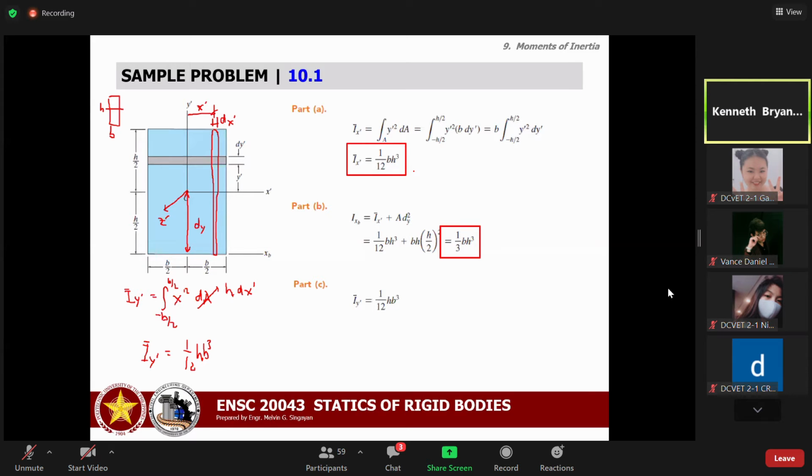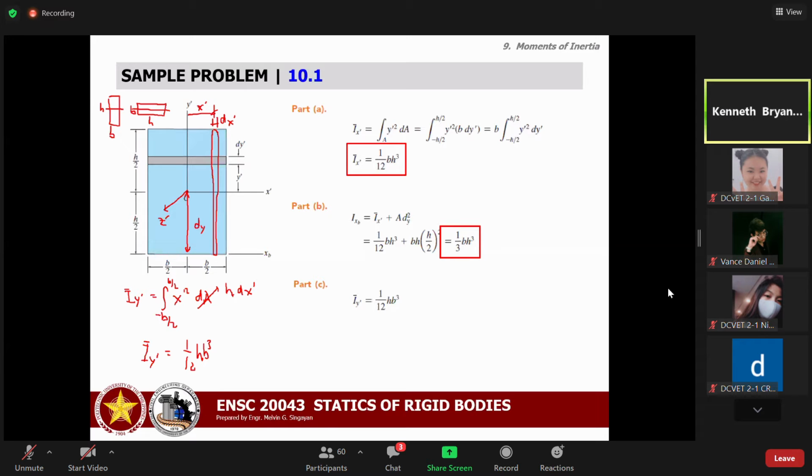Now, if I have a rectangle like this, and this is the axis, where this is b and this is h, it is still the same: I bar x prime is equal to 1 over 12 bh cubed. Meaning, if I change the dimensions, and make this h and this b, the moment of inertia becomes 1 over 12 times h times b cubed.